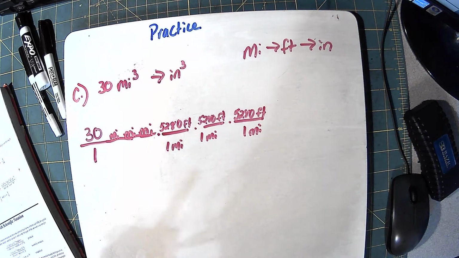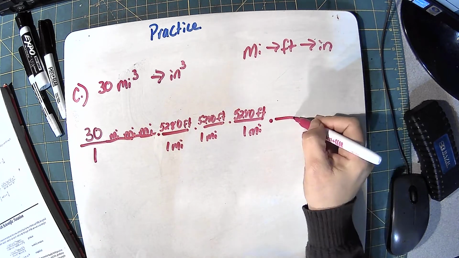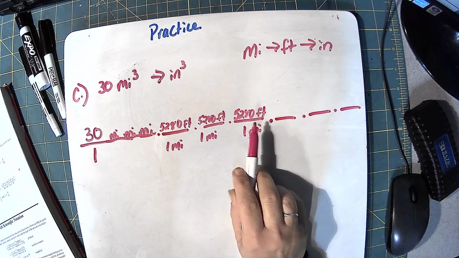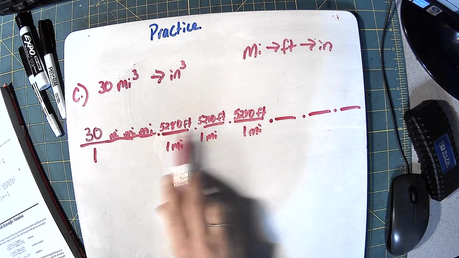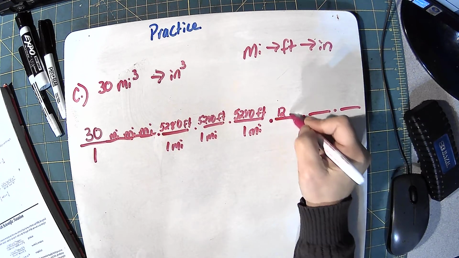Now I need to go from feet. I have feet on top, and I got to get to inches. And I have to do that three times because I have feet 3 times. Alright, so there's 12 inches in 1 foot.